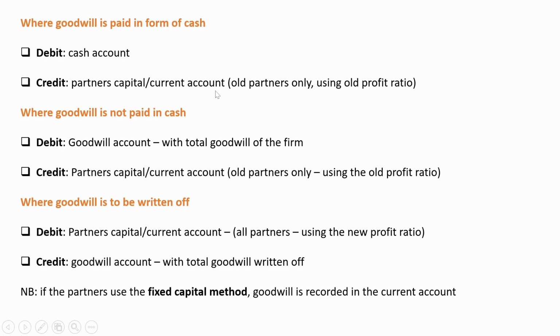One thing you are supposed to note here is that when we credit the partner's capital account with goodwill, it is only the columns of the old partners. The new partner does not get a share of that goodwill. So it is only going to be allocated to old partners using the old profit sharing ratio. So that is the first scenario where goodwill is paid in the form of cash.